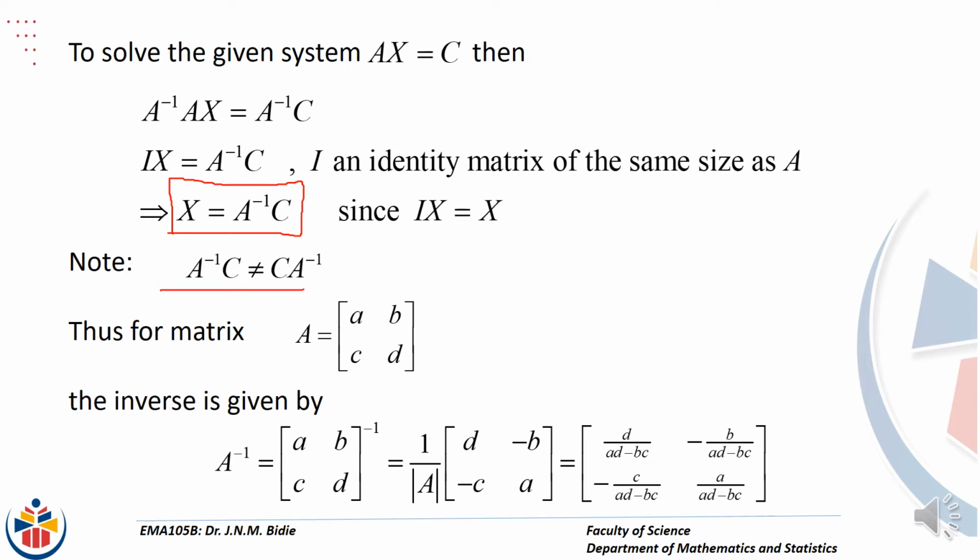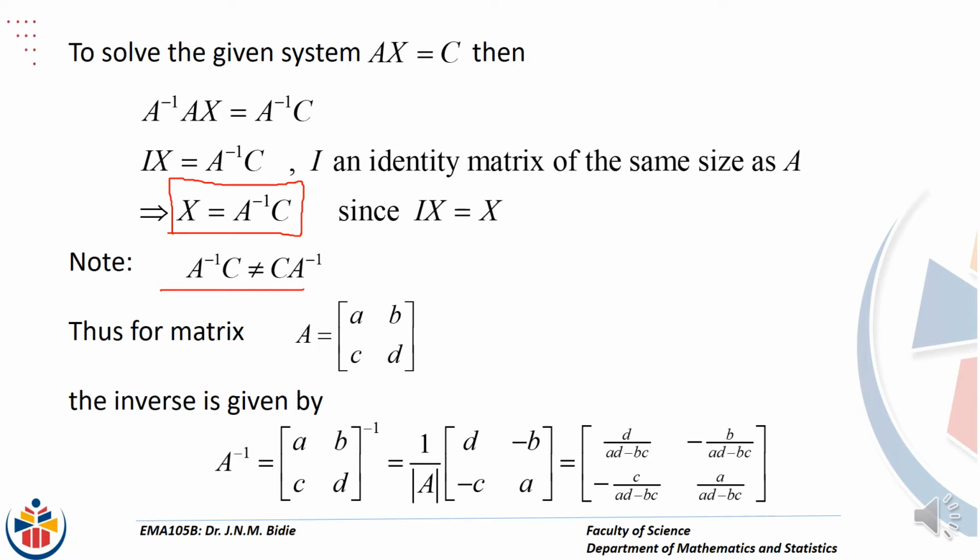And our A is A, B, C, D. But then when we're looking for the inverse, we have 1 over the determinant of A multiplied by, we interchange A and D. That's why we have got D and A. And then we change the signs of B and C.